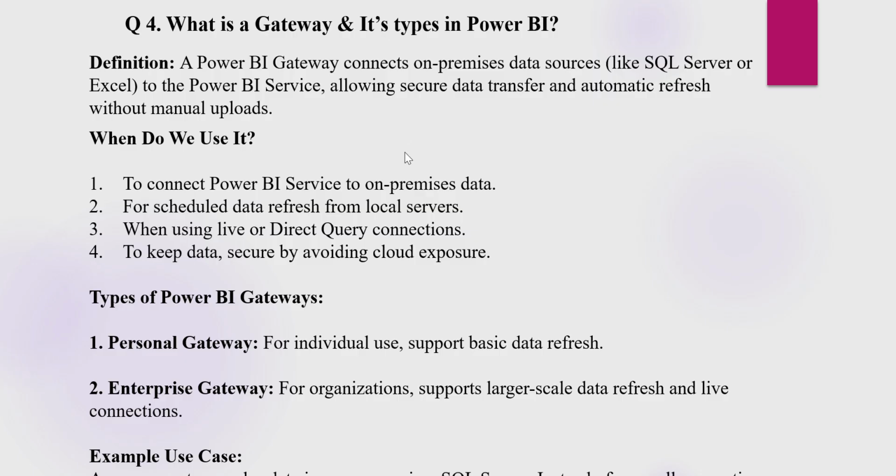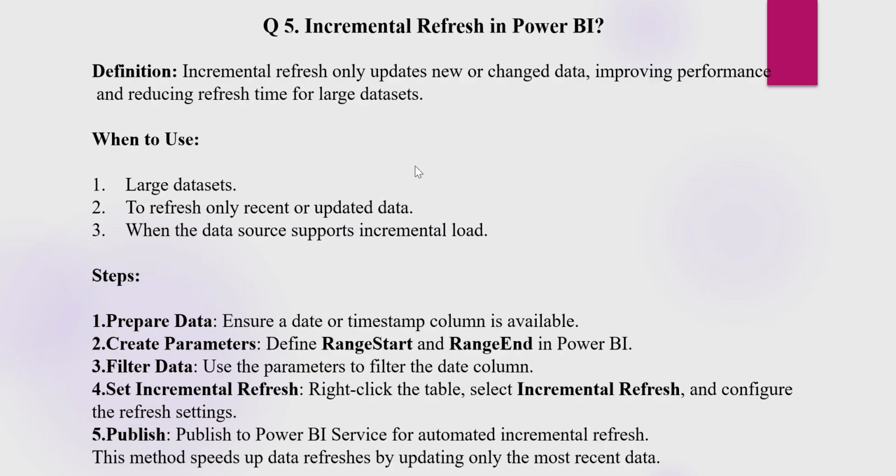Moving to the next question, that is incremental refresh in Power BI. We will first see the definition, then when to use it, and the steps to implement it. Definition: incremental refresh only updates the new or changed data, improving performance and reducing refresh times for large data sets.